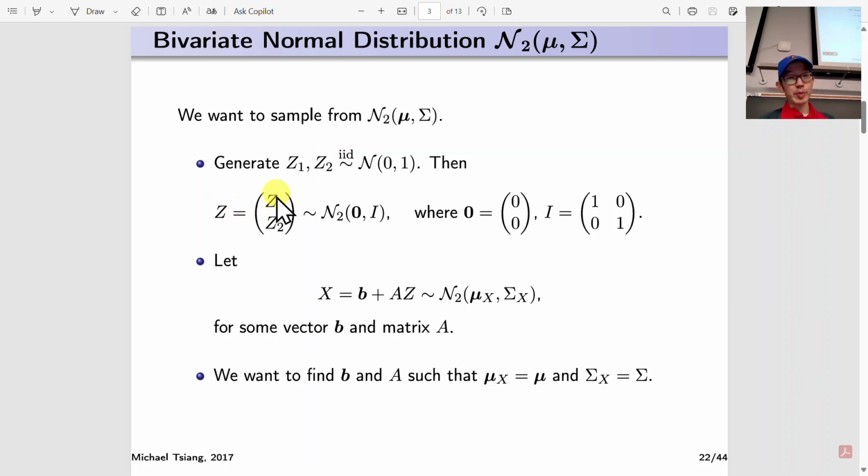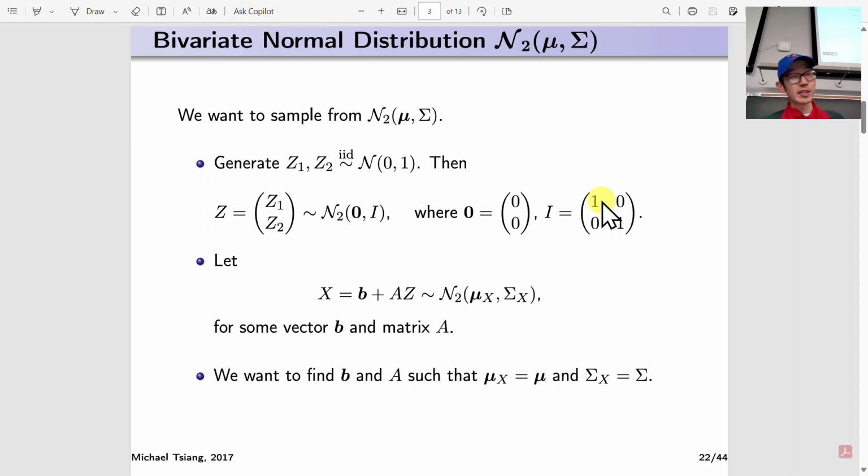So my pair of z values is normally distributed. Well, I got two independent z values, Z1 and Z2, and if I put them together into a joint distribution, I'm going to have this vector Z where the mean is 0, and the variance covariance matrix is basically the identity matrix, okay?